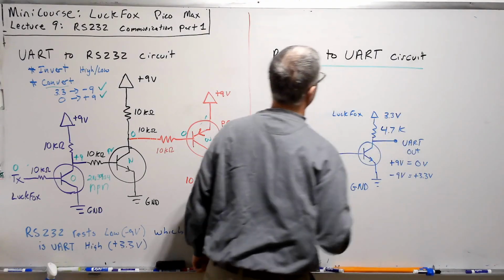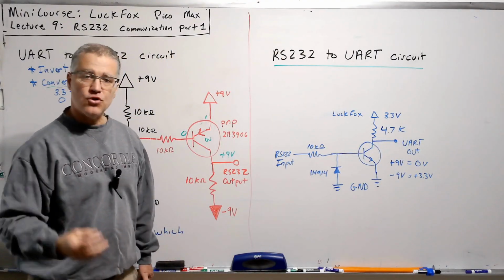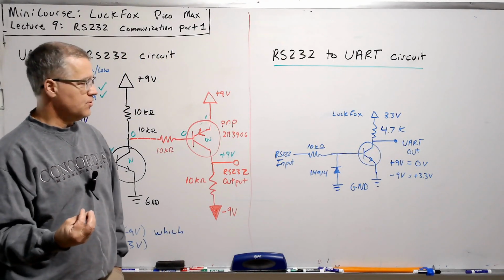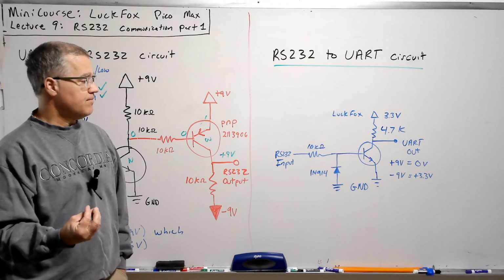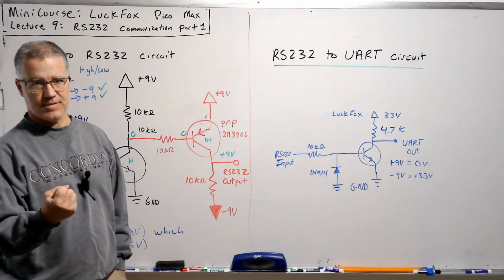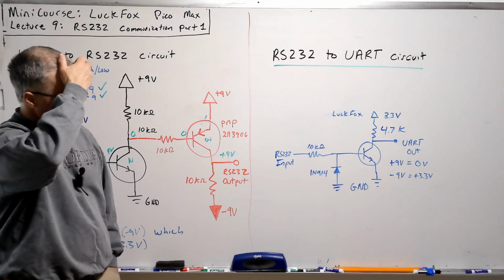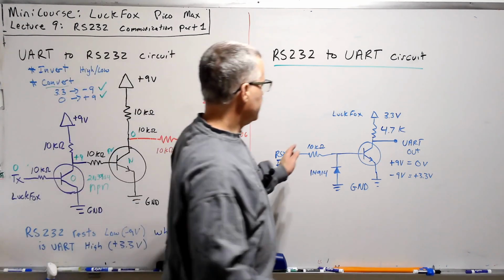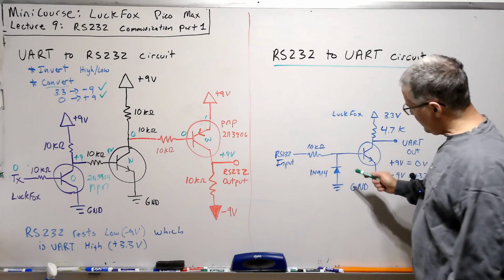Let's take and pull this RS232 plus or minus 9 volts back to a 0 or 3 volts. So simpler circuit here, but we do have another component coming in.